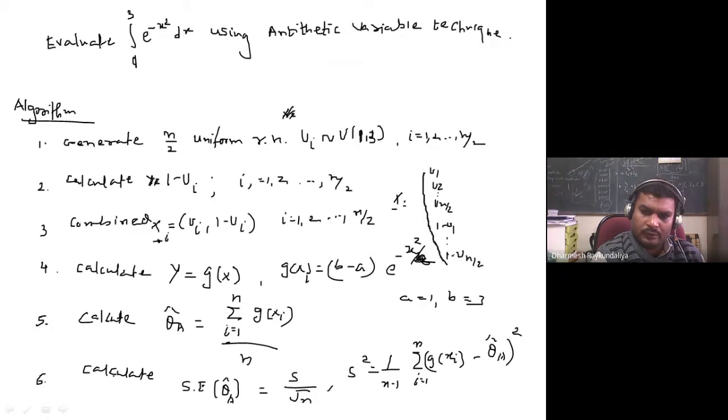So this is your x. And then you can evaluate the seventh step, the confidence interval.